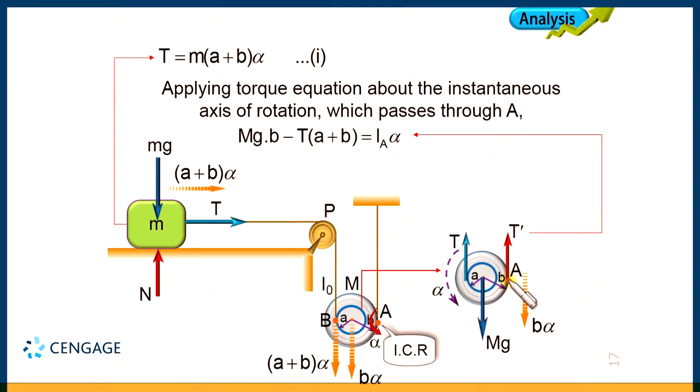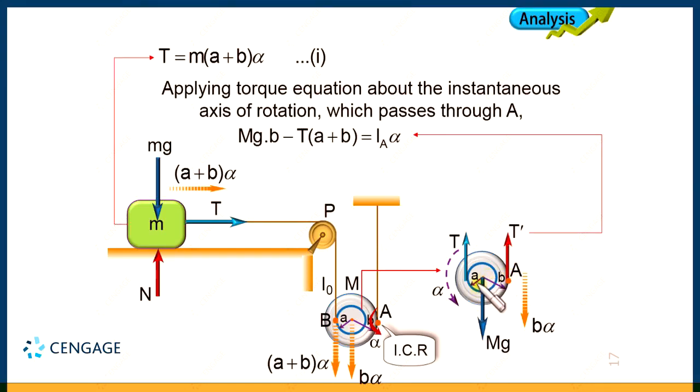IA is the moment of inertia about the instantaneous center of rotation, and we know the moment of inertia about the centroidal axis is I naught. That means we can apply the parallel axis theorem to calculate the moment of inertia about A. So we need to add I naught with the mass multiplied by the separation square.